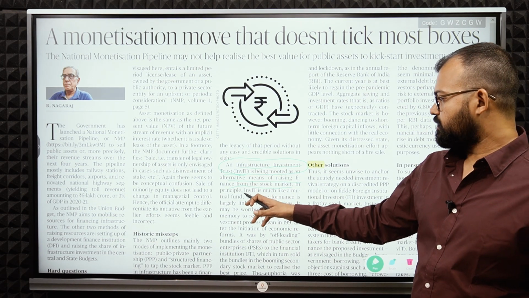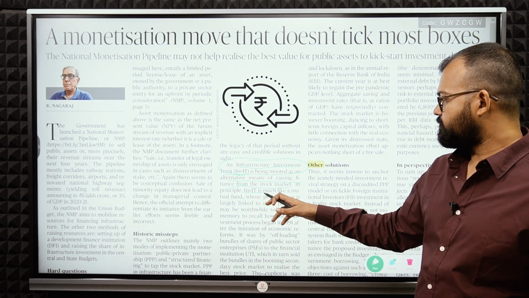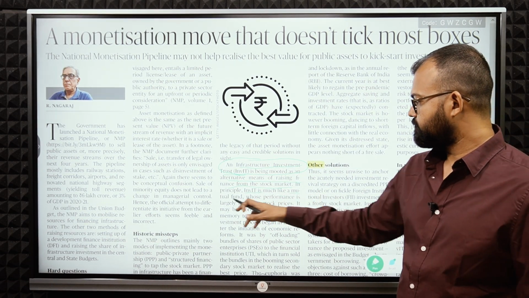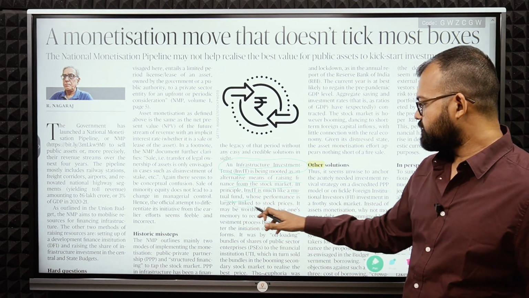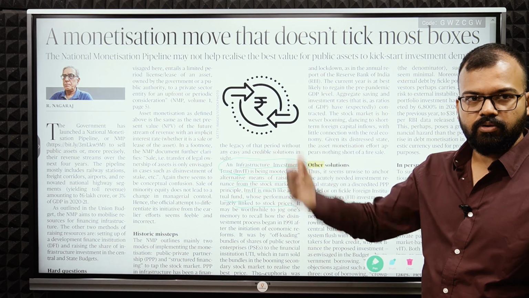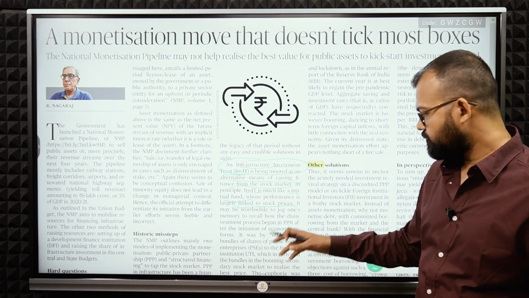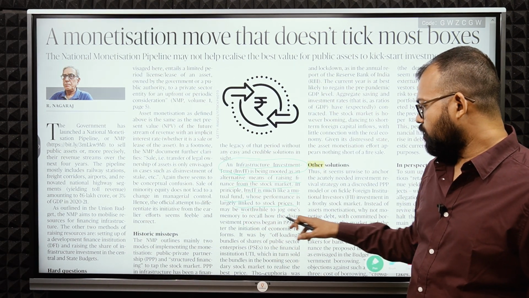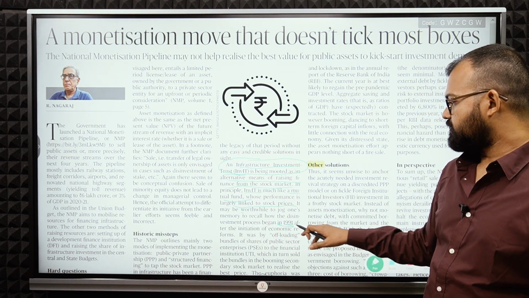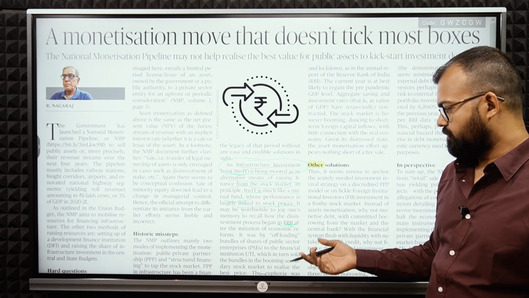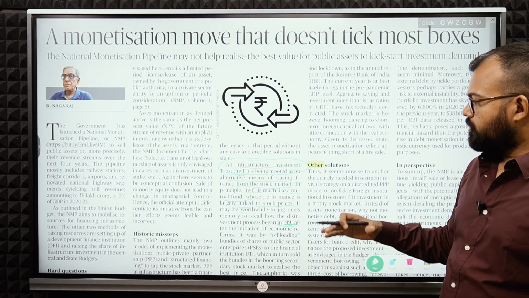In principle, this infrastructure investment trust is much like a mutual fund. It will create a fund whose performance is likely linked to stock prices. Stock prices will go up or down depending on the contribution. And it may be worthwhile to jog one's memory to recall how this investment process began in 1991 after the initiation of economic reforms. I hope you understand till this point.